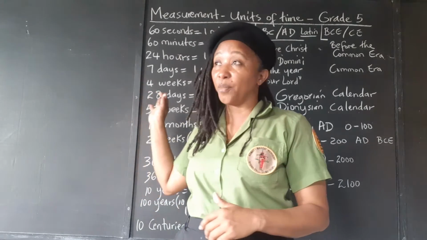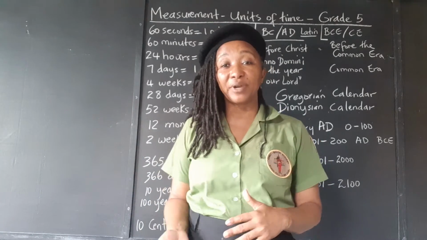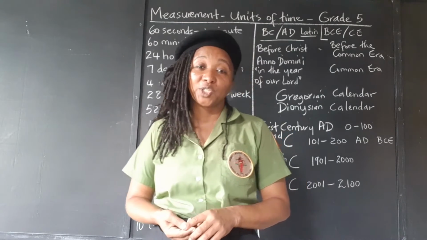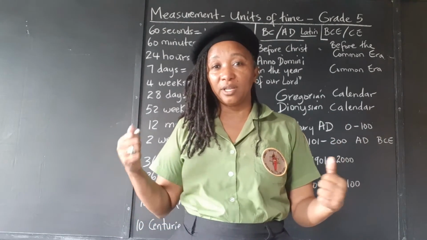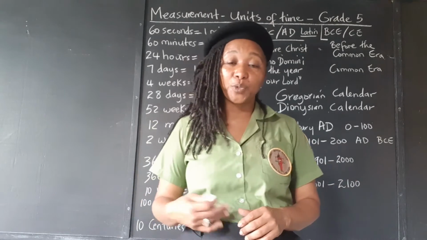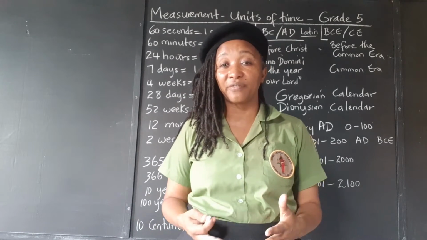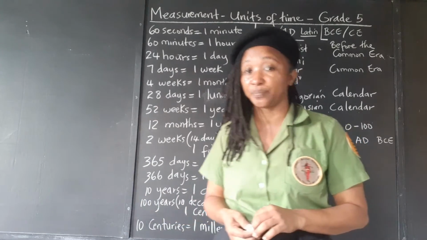Our ancestors in centuries gone by had a different timing system, and different cultures had different timing systems. So don't think that this is the be-all of calendars. As we evolve as humans, we have different ways of measuring time and different calendars that we use.